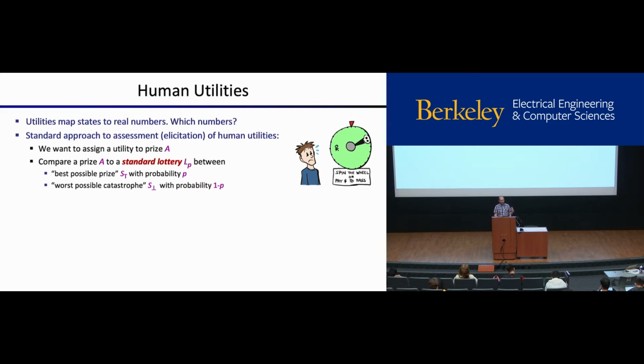We're interested in what the utility is of some prize A. We can compare it to a standard lottery, subscripted by a probability P that's going to be used in the lottery. In the lottery, we get some best possible prize with probability P, or we get the worst possible catastrophe with probability 1 minus P.